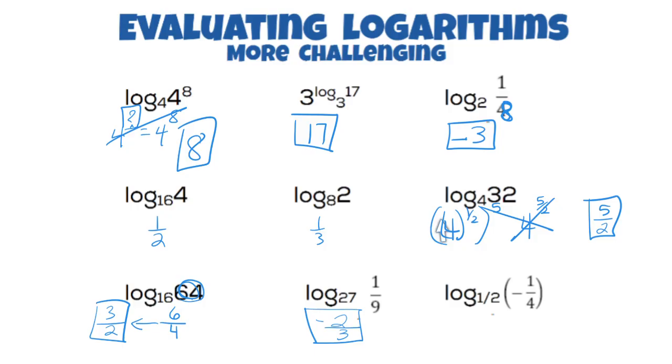Okay, last one. I have log base 1/2 of negative 1/4. Now a lot of times people think that, oh, it's a 1/2, I'm going to have to do a negative exponent, but not really, because they're both fractions. Think of it like this. It's a 1/2 raised to some power to get a 1/4.